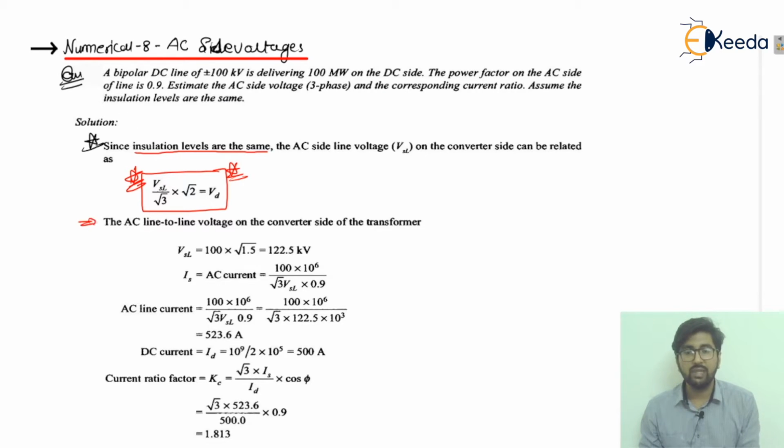So the AC line to line voltage on the converter side of the transformer is VSL, which is equal to 100 into root 1.5.